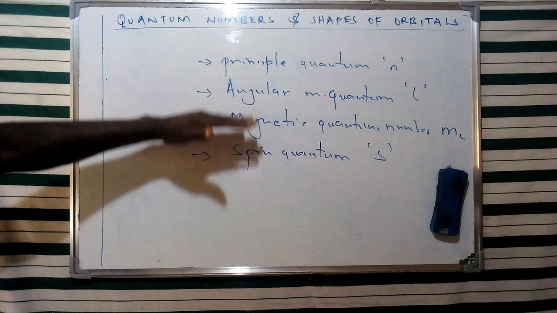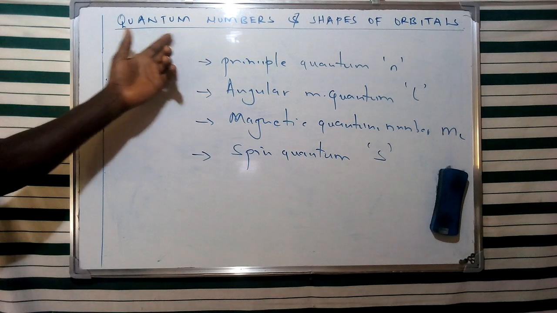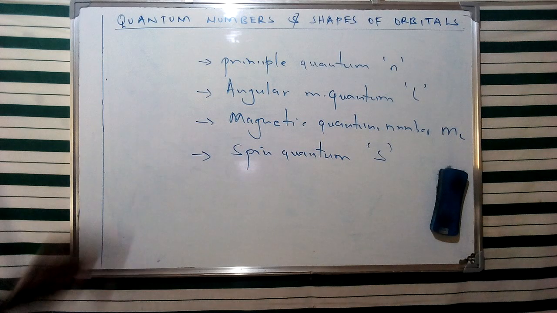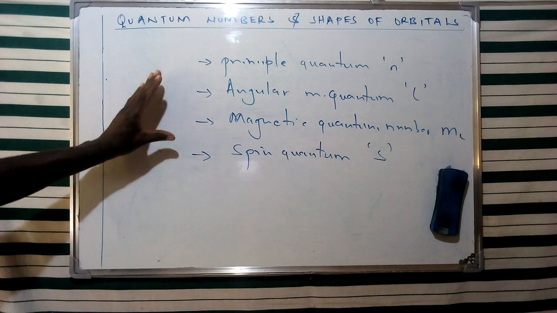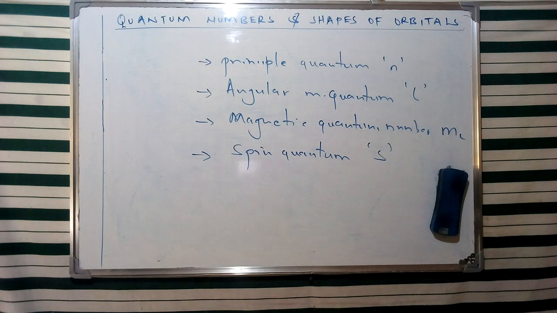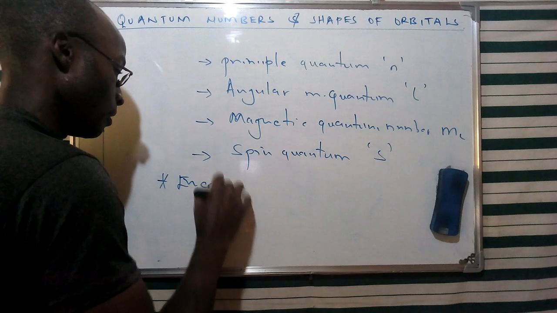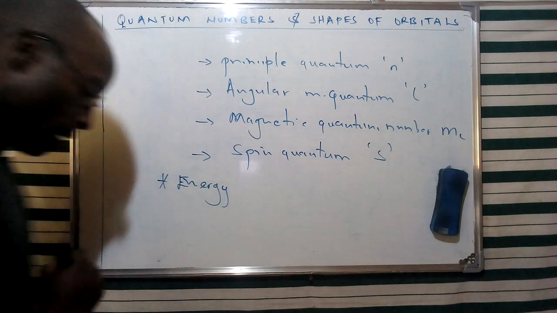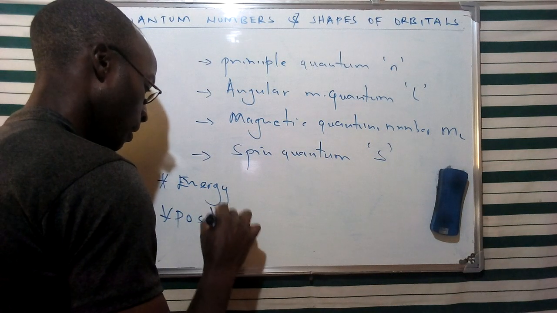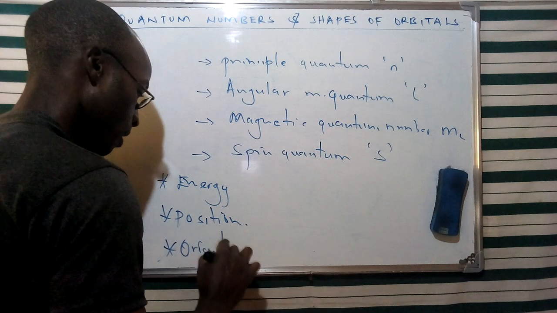Now, these various quantum numbers are going to assist us in describing their implication in various orbitals. As I mentioned from our discussion on Schrodinger's equation, this set of numbers is going to describe specific aspects of electrons in an atom, one of them being the energy, position and particularly orientation of these electrons in an atom, which we're going to see in detail.